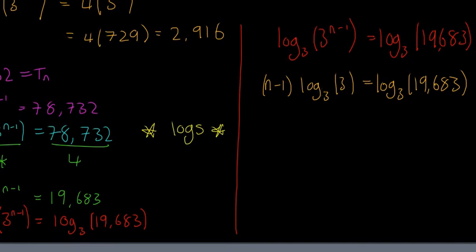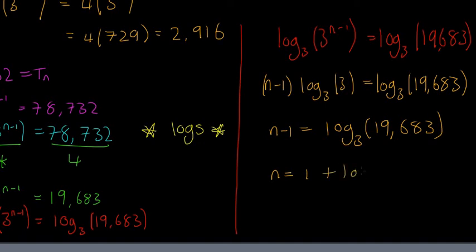Log to the base 3 of 3 is just 1, so that means on this side we just have n minus 1 is equal to log to the base 3 of 19683, and so now we just have to put that into our calculator, that n is equal to 1 plus log to the base 3 of 19683. We put that into our calculator and we find that n is equal to 10.